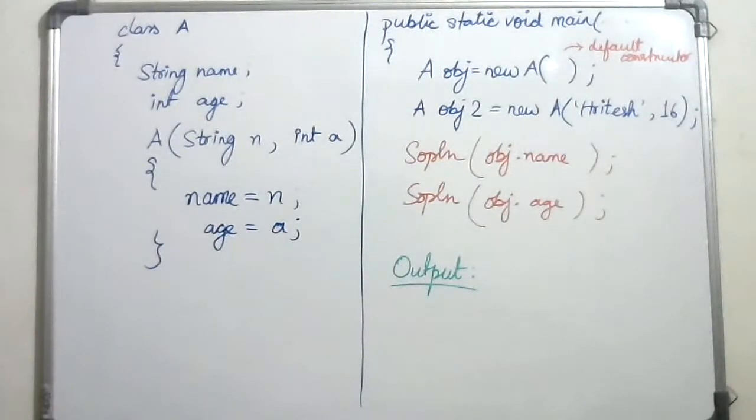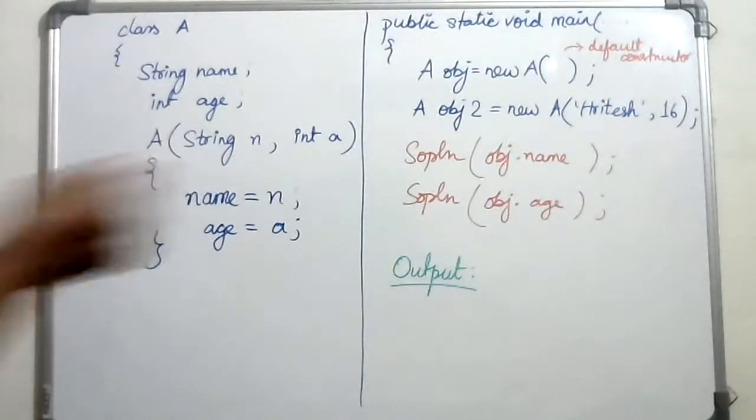Pretty simple. Take a look at the first object when it has been defined. Take a look at what type of constructor has been called. In case of the first object, the default constructor was invoked. Therefore, the name part and the age part of the first object will have the default values initialized to them.